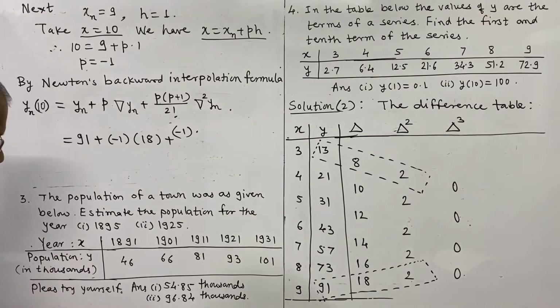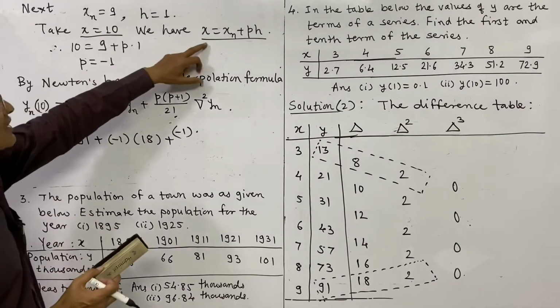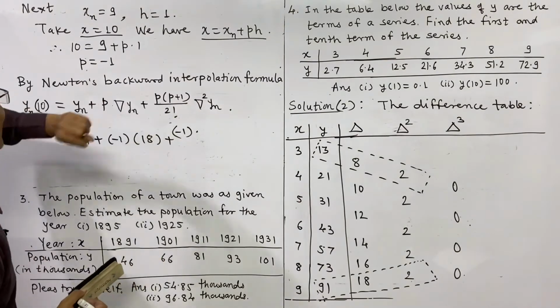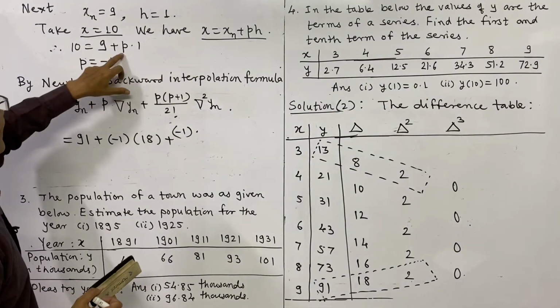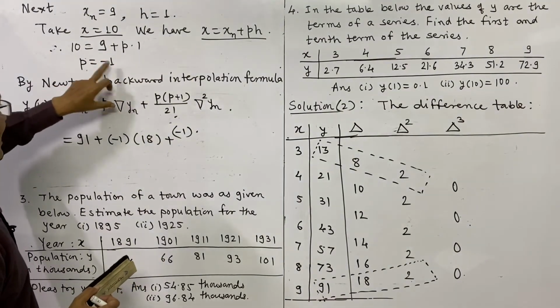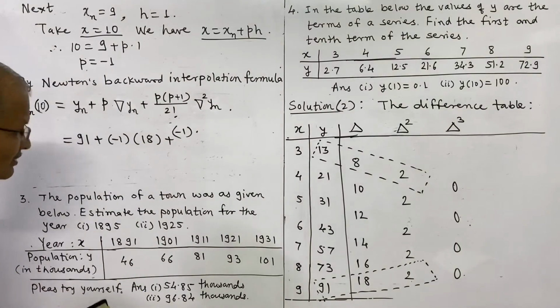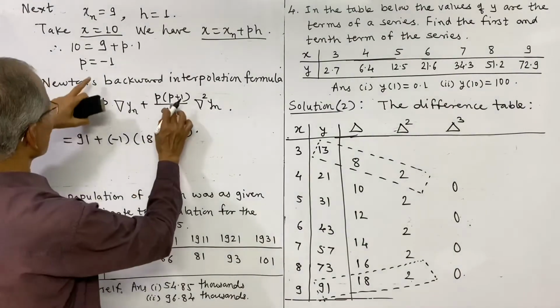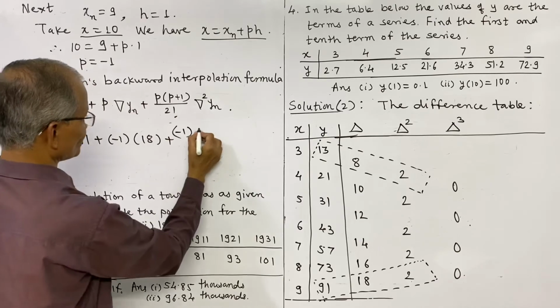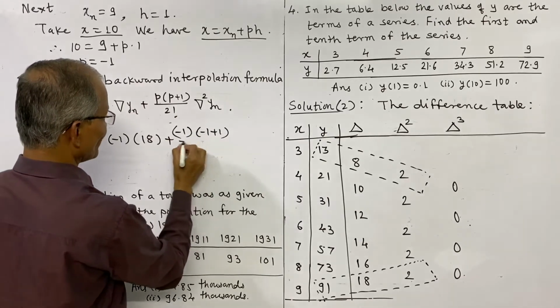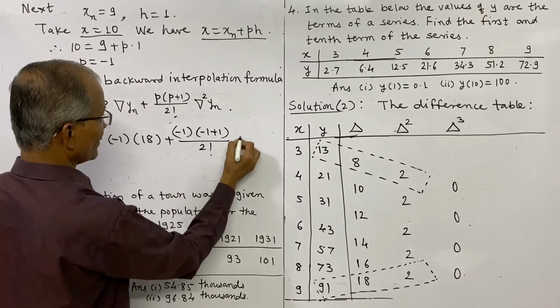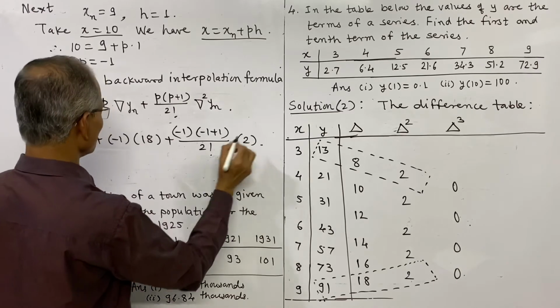The 10th value is asked, and x is equal to xn plus ph. X is 10, xn is 9, p into 1, so p is minus 1, so this is becoming 0. P minus 1 plus 1 divided by 2 factorial, and del square of yn is 2.